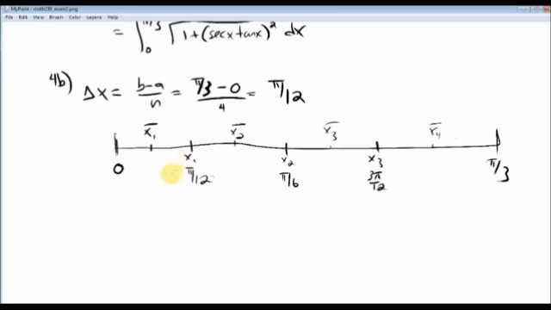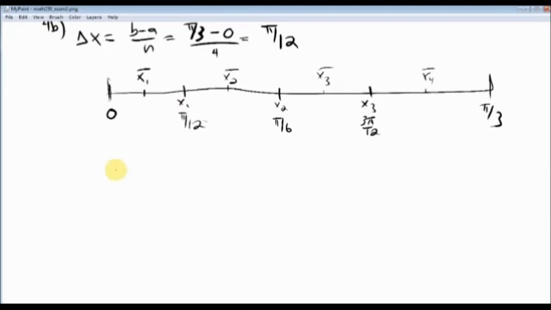So that means my x1 bar is going to be in between 0 and pi over 12, which is pi over 24. x2 bar is going to be between pi over 12 and pi over 6. Now if this is 1 pi over 24, this is 2 pi over 24.